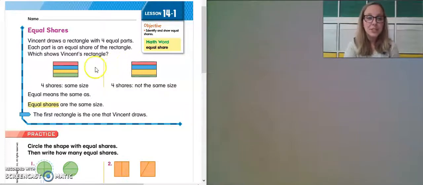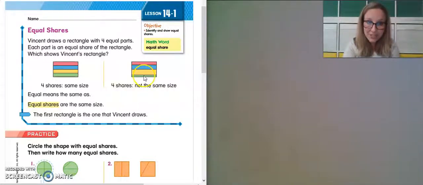So looking at these two rectangles, we can see that in this rectangle, the red, blue, yellow, and green are all the same size. They are equal. So we would say that this rectangle has equal shares. Now, if we look at this rectangle on this side, you can see that these 4 parts are not the same size.